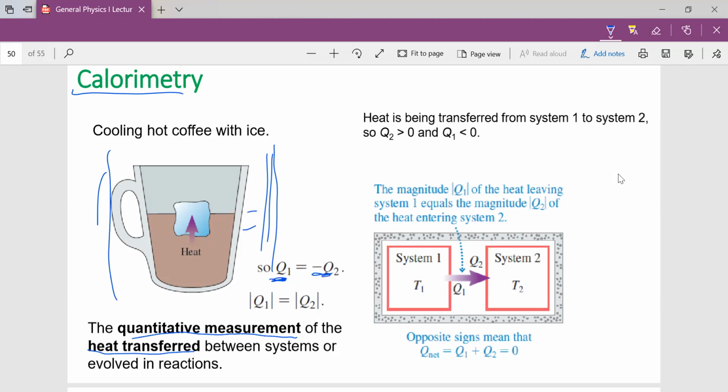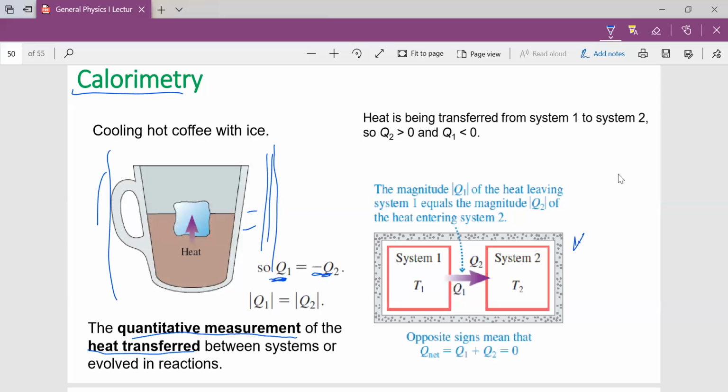But actually what is happening is that the magnitude of the heat given off is going to be equal to the magnitude of the heat gained by the other one. The sign is just to tell you which one is gaining and which one is losing, okay? So as heat is being transferred from system one to system two, you notice that the heat is increasing in one and it is decreasing in the other.